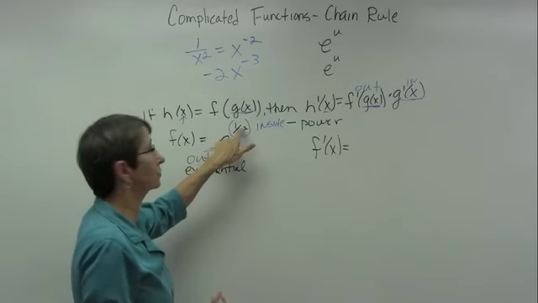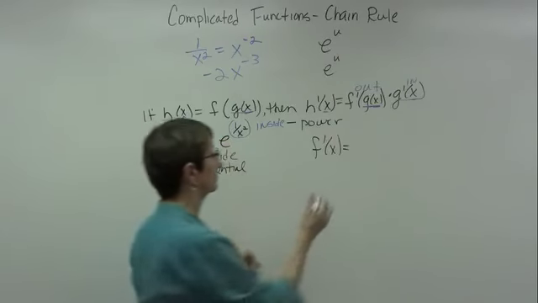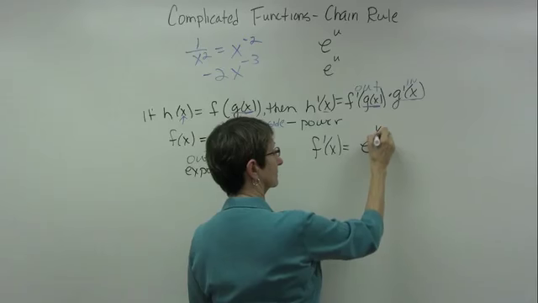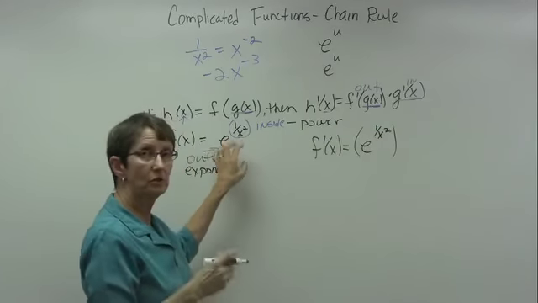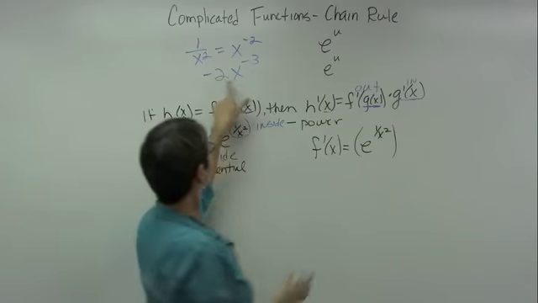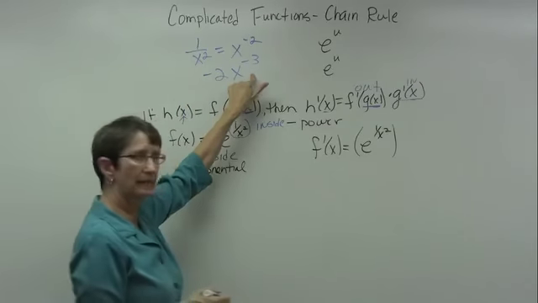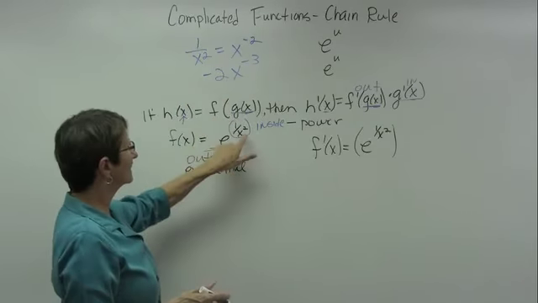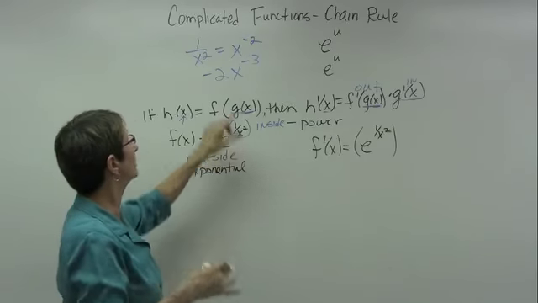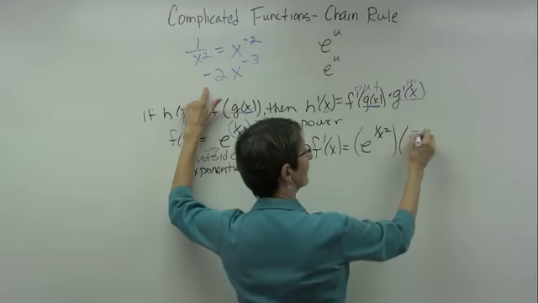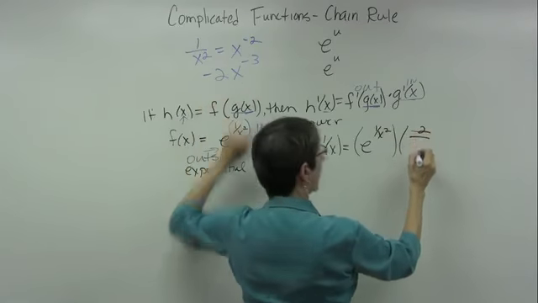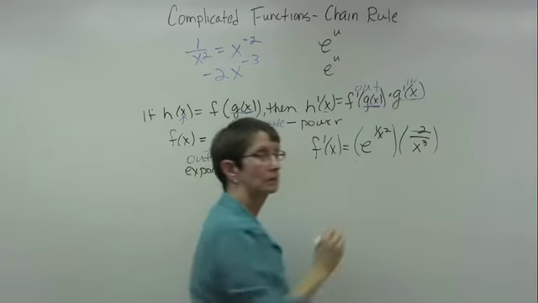Derivative of e to a power is e to a power. That's the outside derivative, the derivative of the e part. The inside derivative is negative 2x to the negative 3. But it started off with the x in the bottom, so let's put the x part back in the bottom. And the inside part is negative 2 over x to the 3rd.